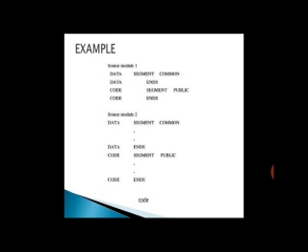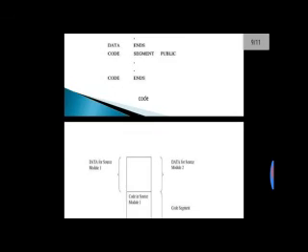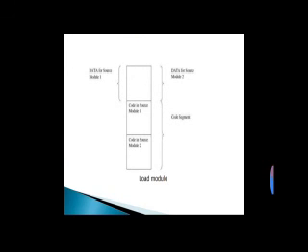That is, common means it can be shared between the two modules. If it is public, it can be accessed by any of the modules present in the program. Then these two modules are combined to form a load module. That is represented in the next figure. A combination of source module 1 and source module 2 produces the load module. Both the data and the code are combined to form this module.